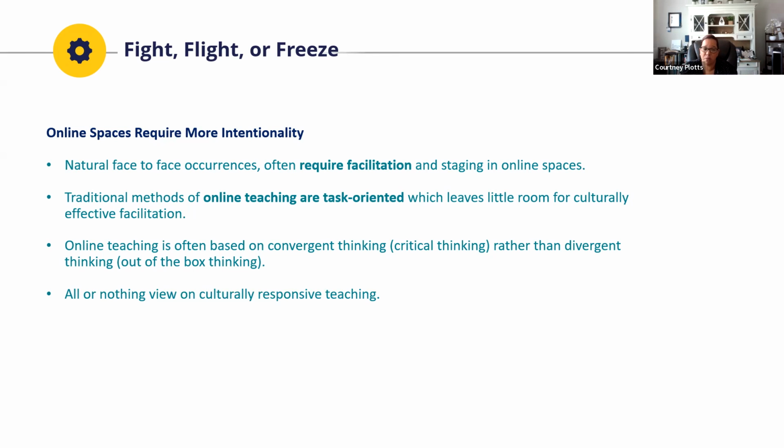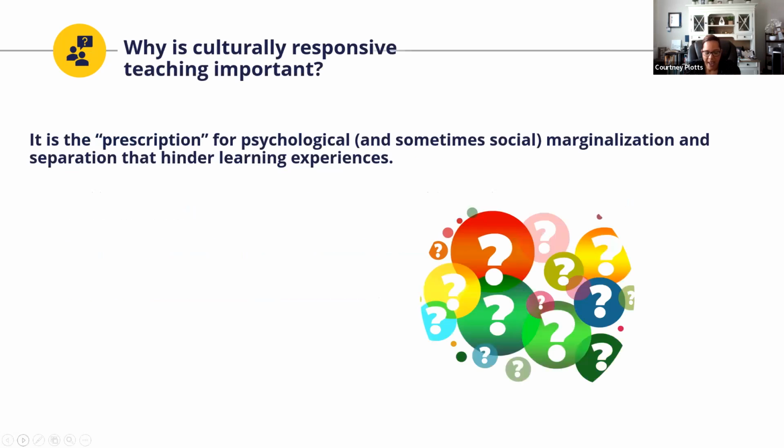Online teaching is also based in convergent thinking, which is known as critical thinking, but a lot of cultures value divergent thinking first. And so we're missing an opportunity to engage students in that way. It creates this all or nothing view of what cultural responsiveness is, right? And so you ask yourself, well, what is this thing called cultural responsiveness? The reason that you do cultural responsiveness is because it takes down the marginalization of a learner.